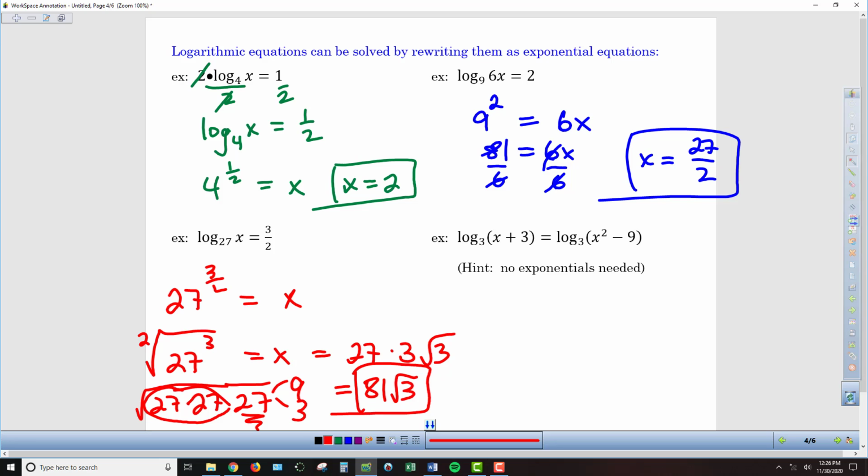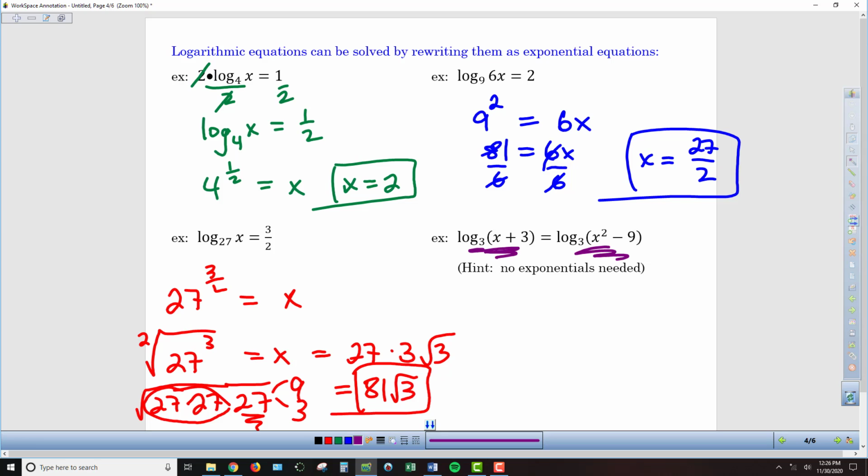And then for the last one, in this case, it's a little bit different than all the others because instead of it being a logarithm on one side and just a number on the other, this time we have a logarithm. Log base 3 of x plus 3 is equal to log base 3 of x squared minus 9. And so in this case, we don't need to rewrite it as an exponential.